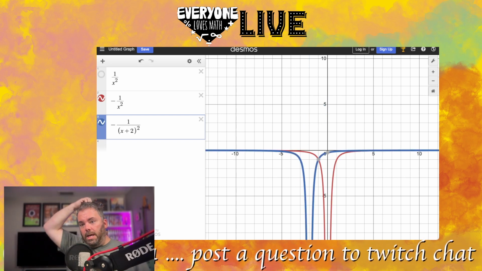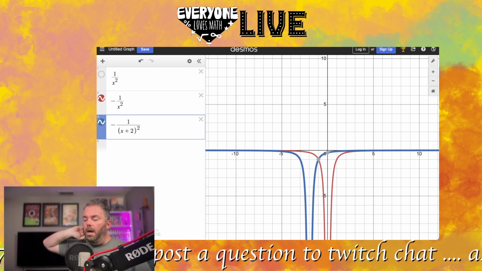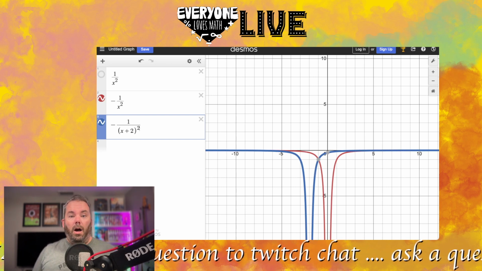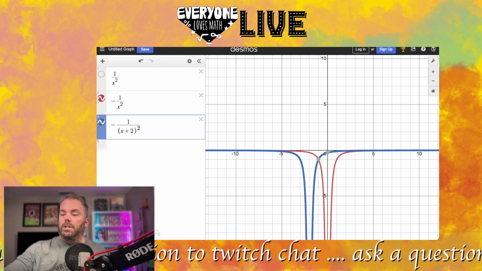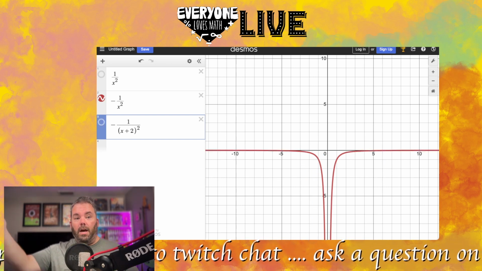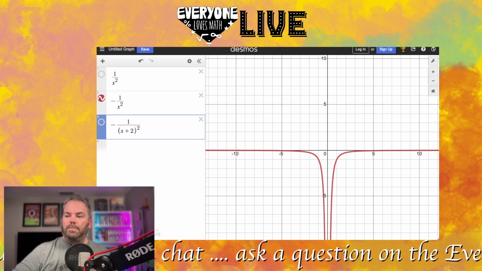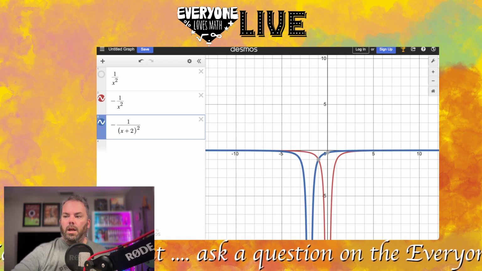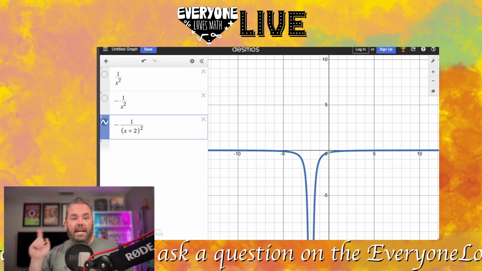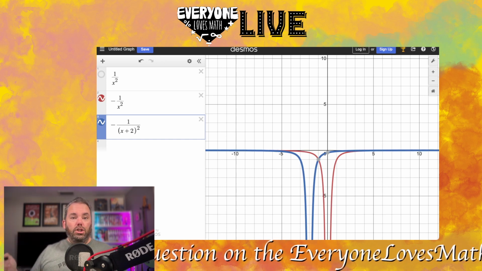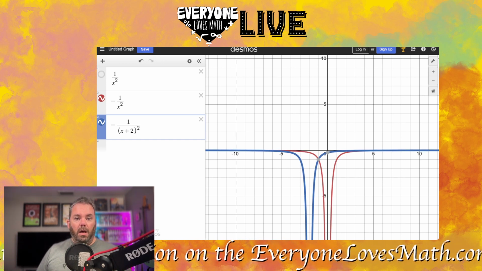All right, so here's where you got to take a look kind of carefully. These two functions, the blue one and the red one, they look awfully similar. So if we just look, here's the red one again. Remember, that was the upside down 1 over x squared. And then if I just put a plus 2 on the inside, notice that they have the exact same shape, but the blue one is 2 units to the left of the red one.